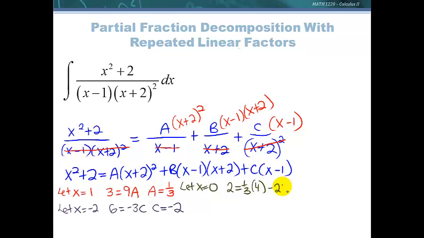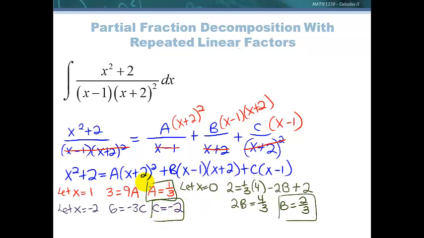So this will be negative 2b. And then putting a 0 here, it looks like we will have minus, and then putting in negative 2, that'll make that a plus 2 for the c. Now we just need to solve this for b. So these 2's will cancel, and if we move this over, we will have 2b equals 4/3. So b is going to equal 2/3. So here's our b, here's our c, and here is our a.